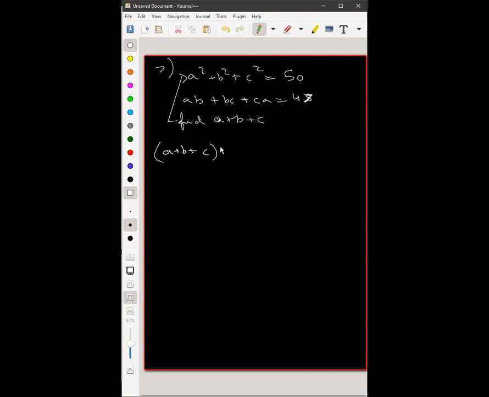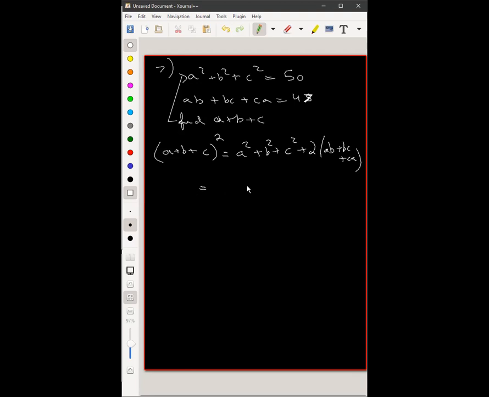You're on mute. It will be (a plus b plus c) the whole thing square, which is equal to a square plus b square plus c square plus 2 multiplied by (ab plus bc plus ca).